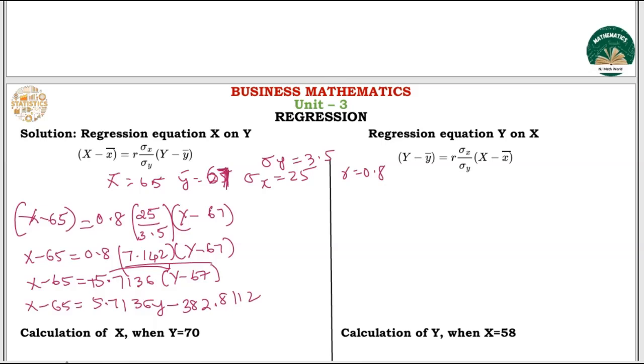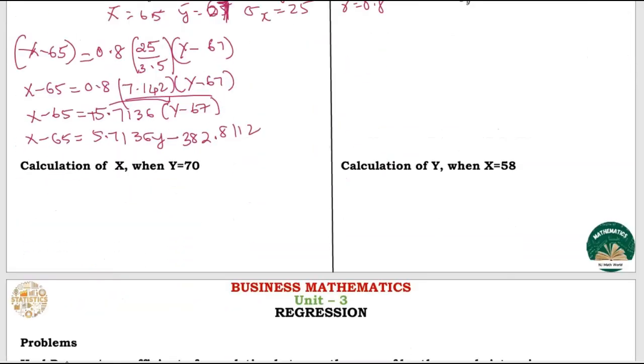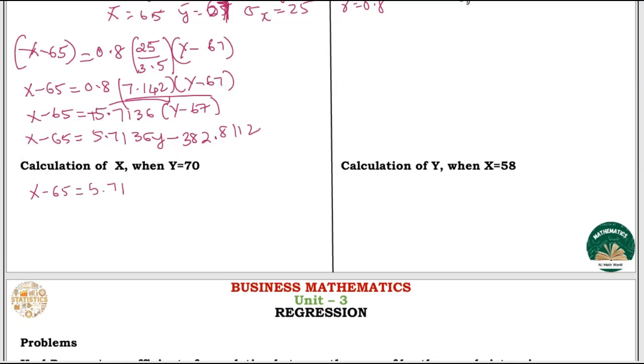So now we have to substitute the value of y here. In the equation we get x minus 65 equals 5.7136 into 70, the y value they've given, minus 382.8112.